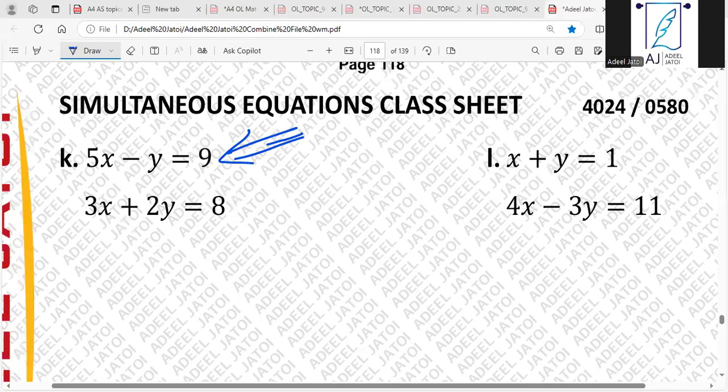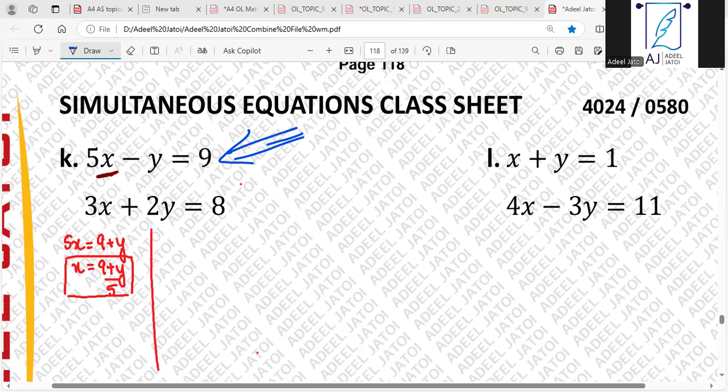Okay. So the question states that we have 5x minus y equal to 9. We'll again make x the subject. Why? Because you want to have the equations so that we know how to solve them. So 5x equal to 9 plus y. x becomes 9 plus y upon 5. So x is the subject from the first equation.